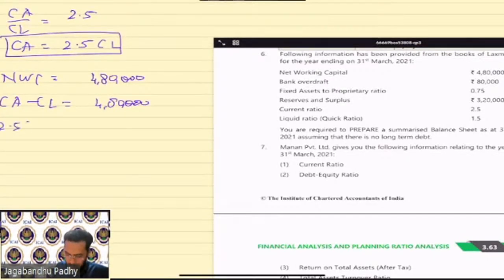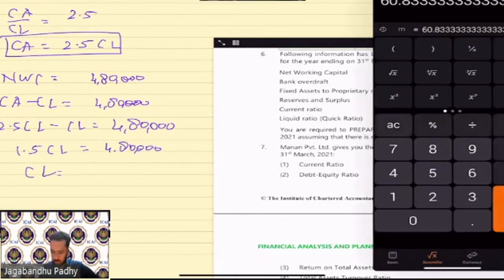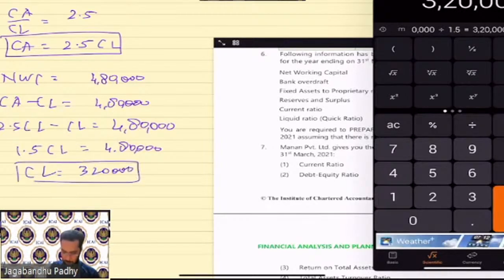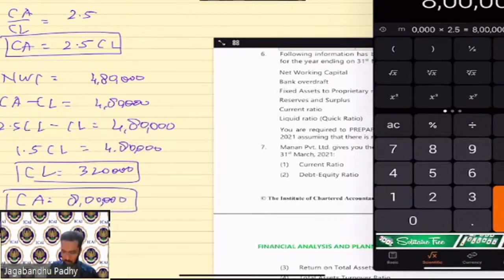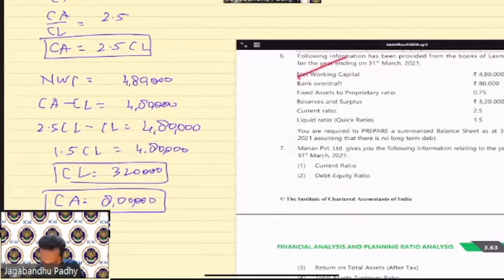So 2.5 times of current liability minus current liability is 4,80,000, and 1.5 current liability is 4,80,000. So you'll get a current liability figure of 3,20,000, and current asset will be that multiplied by 2.5. So you get a current asset of 8 lakh. Okay, so net working capital is done.